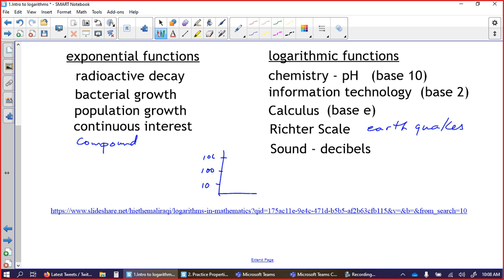It's going up by an order of magnitude. Earthquakes are like that. An earthquake of magnitude 5 compared to an earthquake of magnitude 6, the 6 is not 1 unit stronger, it's actually 10 times stronger than that. Sound is the same idea. Decibels is something like that.